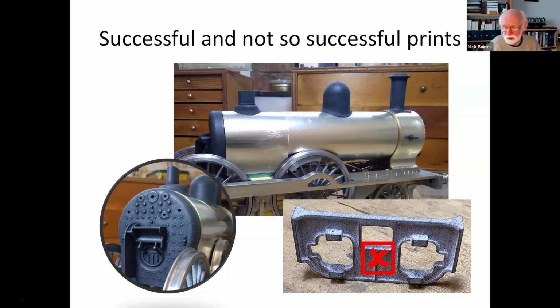It used to flex about, and when you're holding slide bars, that's a bit of a problem. So in the end, I decided that it just wasn't up to the job, and I had to scrap it and replace it with a custom part made from metal in the traditional way. But that was a learning process.